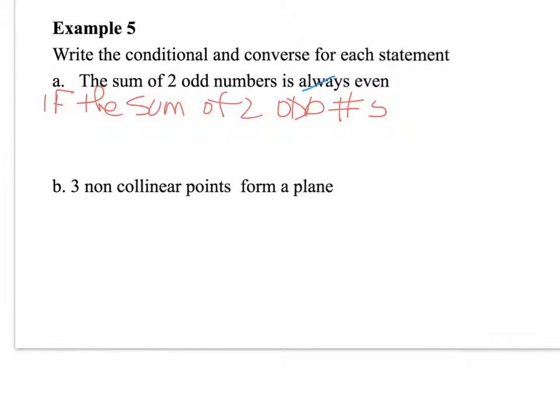What did I do wrong? That's not how I want to write that. See how I started out, because it said if the sum, and I just started writing what was there. That's not really what I want. Let me see if I can erase this. Oh, there we go. So you don't always start out with exactly the same words. I'm kind of glad that happens. Let me think about this. If the sum of two odd numbers, so what are we given?